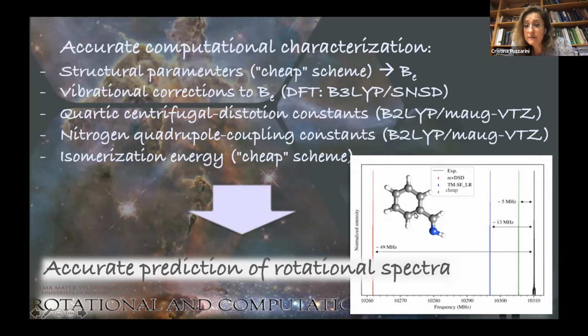So this is the E isomer. The black line is the recorded transition. In red, we have the prediction from the hybrid functional, similar, so let's say the same quality for this level of theory. In blue, we have something really interesting because it's something we are working on. It's a sort of Lego approach.